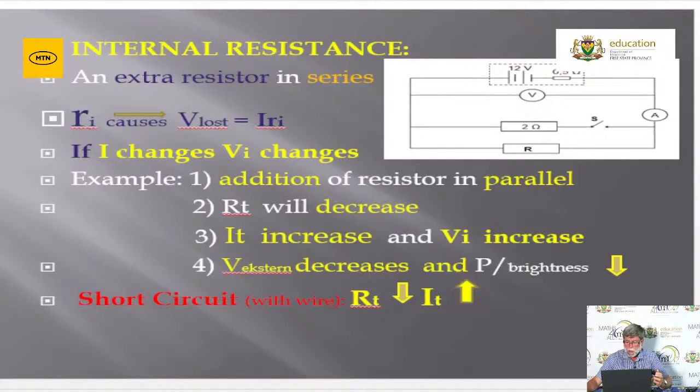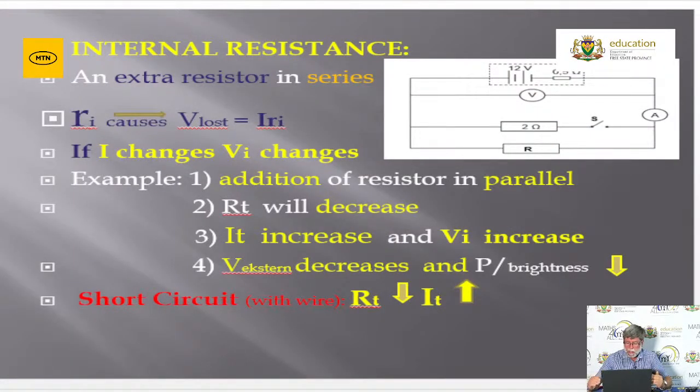Now just the term short circuit. I have really seen in the last 2 or 3 papers, in 2 of those papers, there was something about the term short circuit, and in the last paper, they short-circuited a circuit with a wire. Now, what is short circuit? It is exactly what the term says.